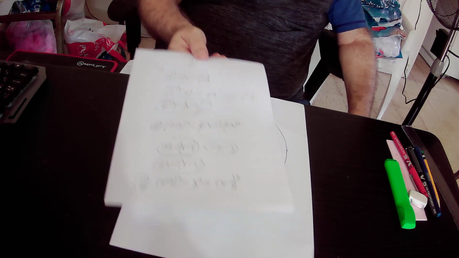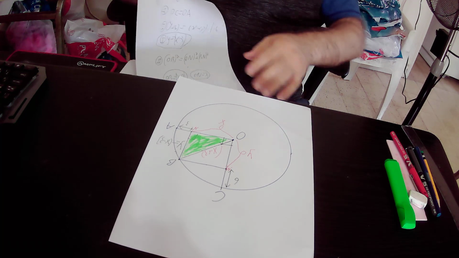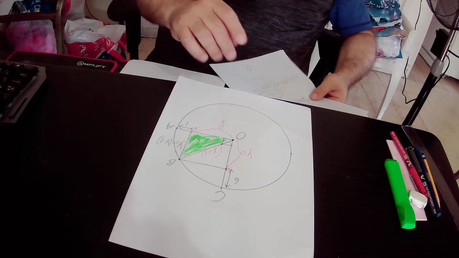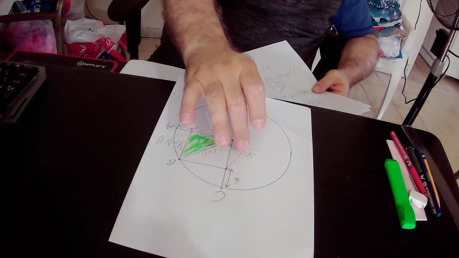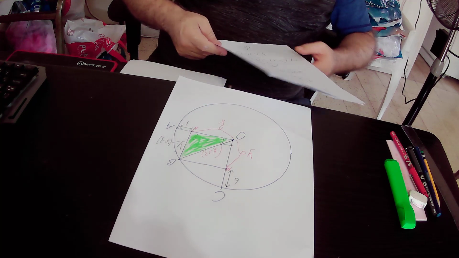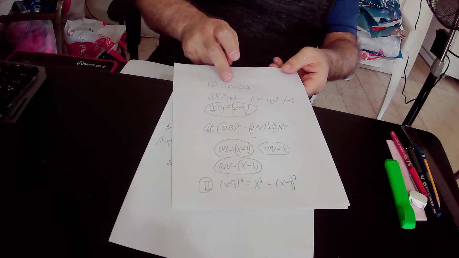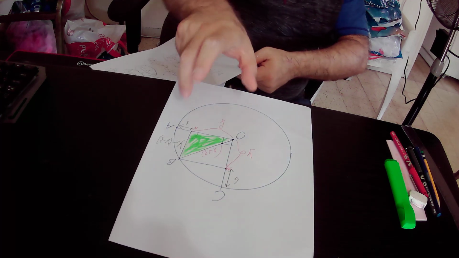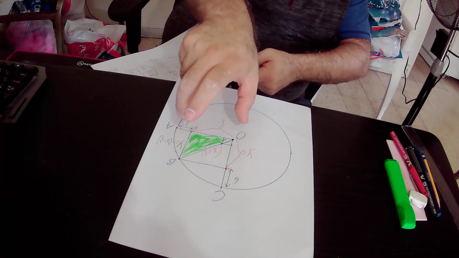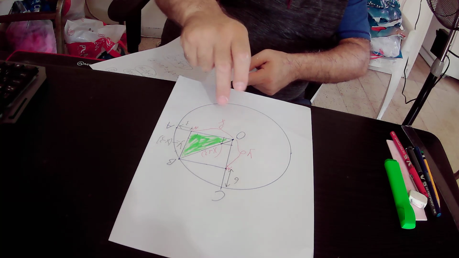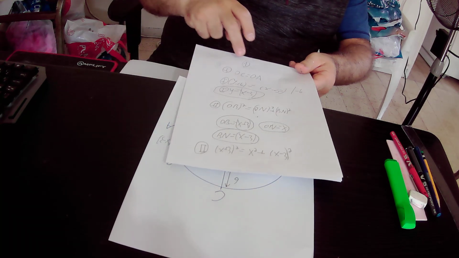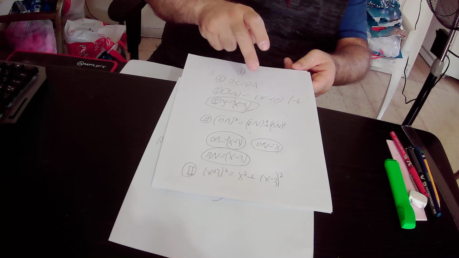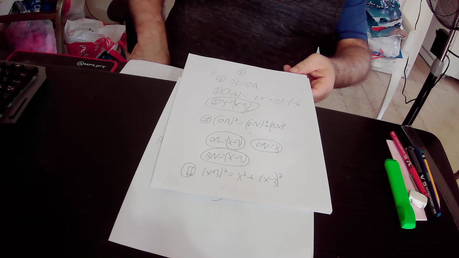Okay, but we know that OC equals y plus 6. So we can substitute OC by y plus 6. And we know that OA, that is the radius of the circle, equals x plus 3. So we can substitute OA by x plus 3.